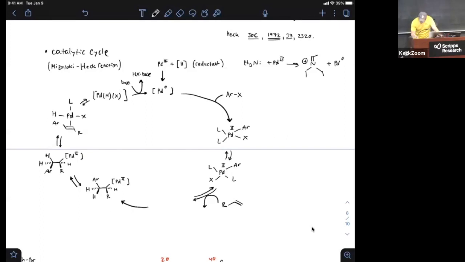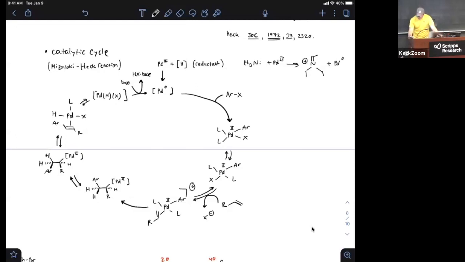Well, let's draw that out. Let's see what that looks like. Now, one of the consequences of that is that your intermediate will be cationic, right? You've traded an X-type ligand for an L-type ligand. So I set you up for success here, Christine, because you can answer either and you will be right.